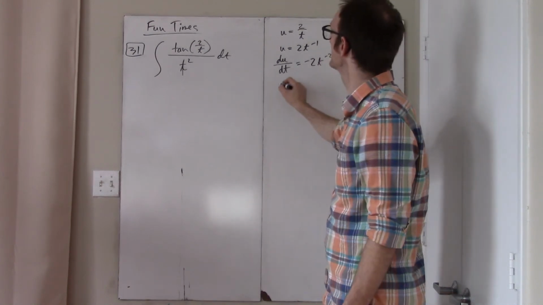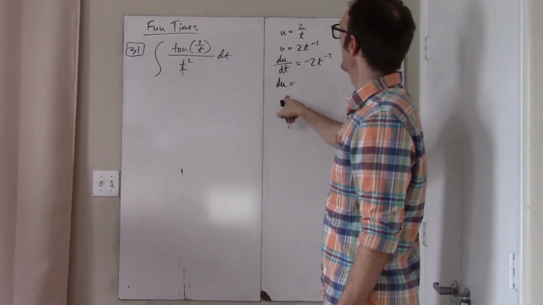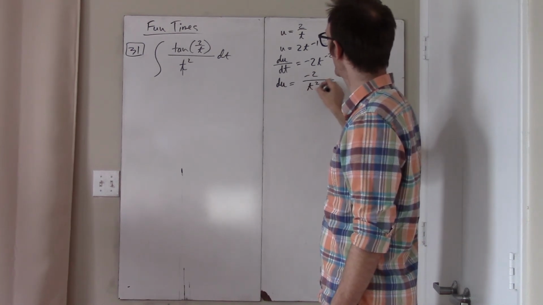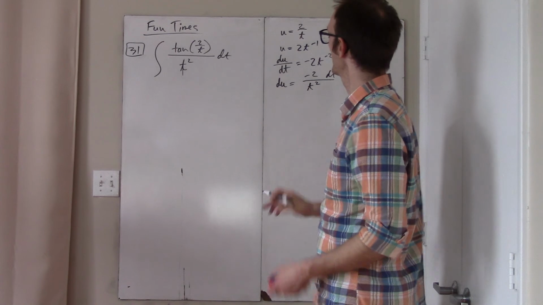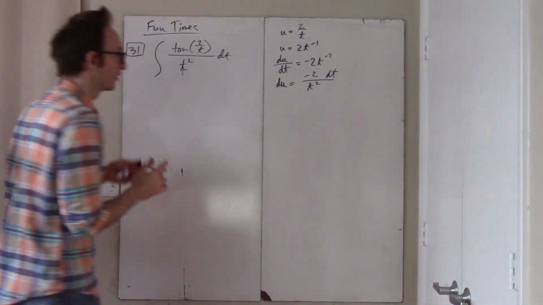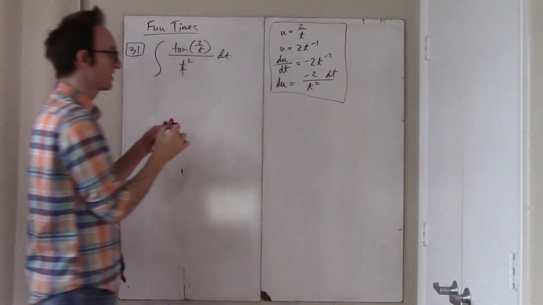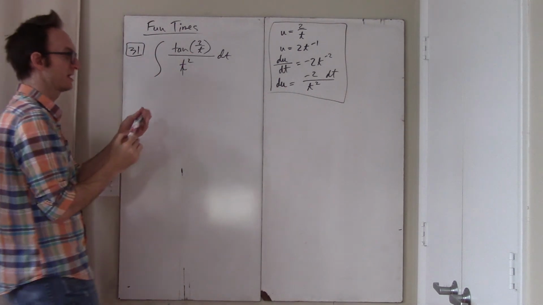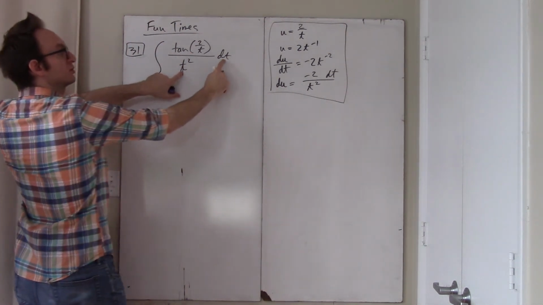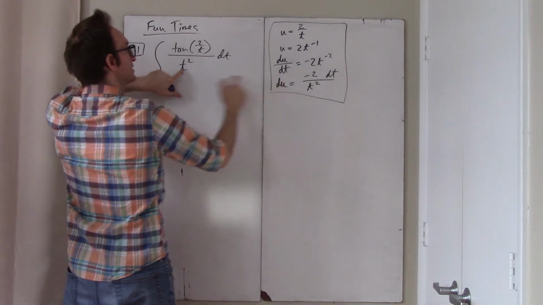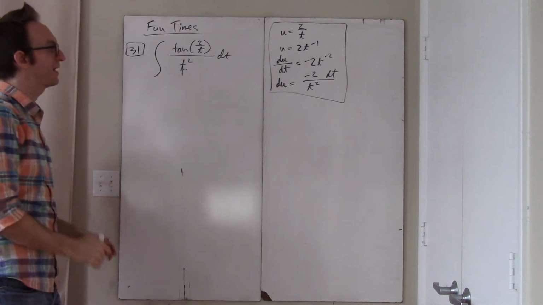And that means that du is negative 2 over t squared dt. And if that's what you have done off to the side, then it becomes clear that a substitution is the way to go, so to speak, the negative 2 over t squared is just sitting right there. And so everything's almost perfect.